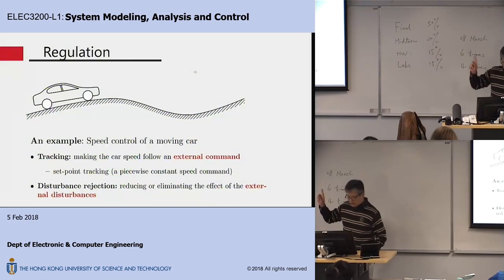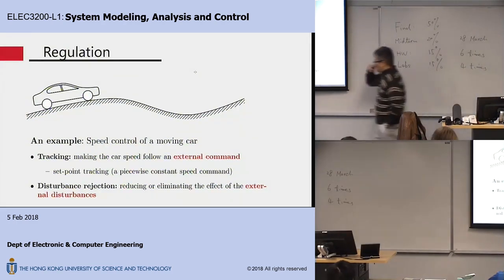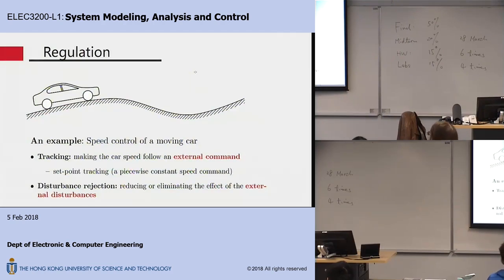Stabilization is the first problem. Now, the second problem, regulation. Again, we take car driving as an example. But now suppose that we're driving on a hilly road, up and down, and we need to follow the speed limit.